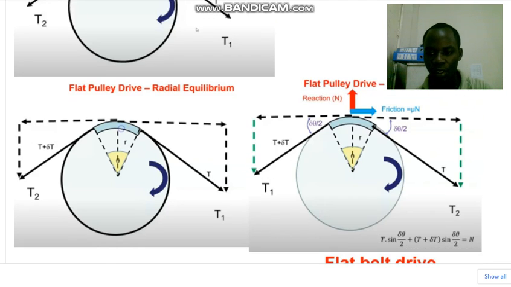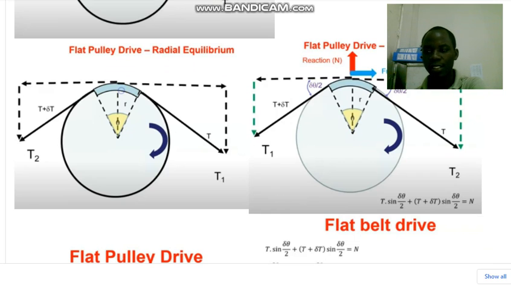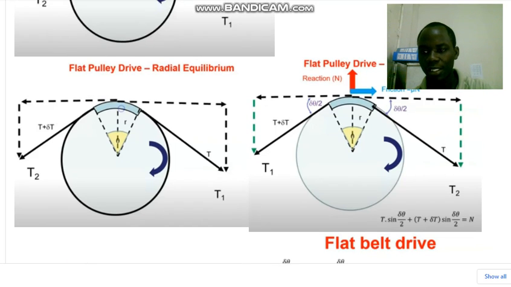So for the sum of the vertical forces, we take the tension T times the sine of delta theta over 2, plus, for the tighter end, T plus delta T times the sine of delta theta over 2.